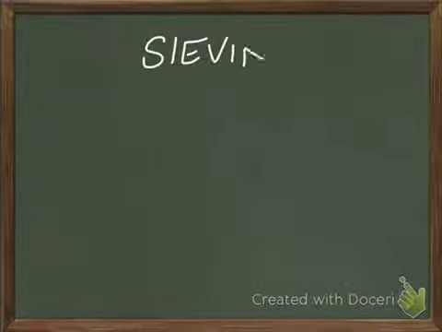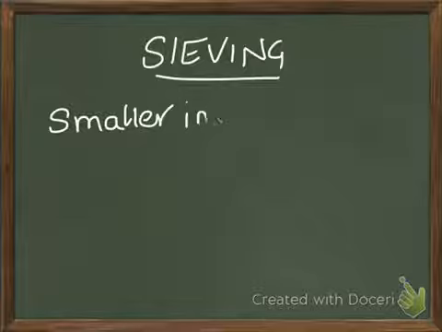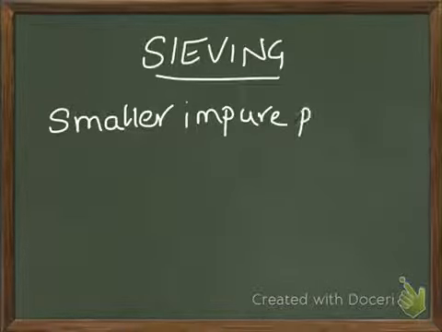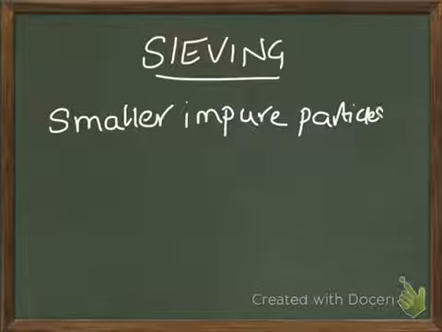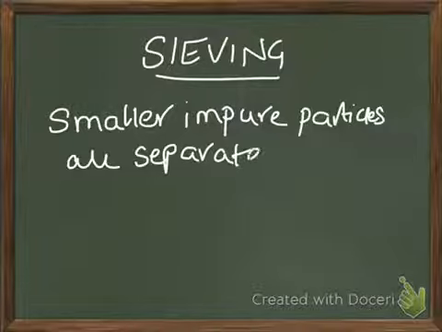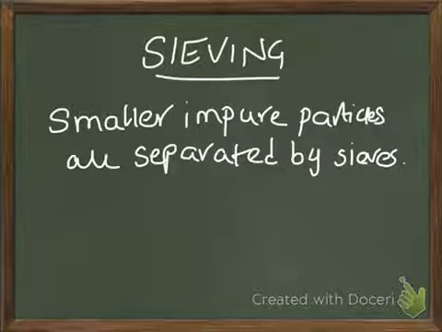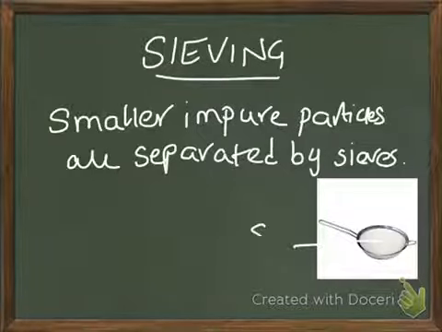Now, let's go to sieving. Sieving is a process in which smaller impure particles are separated by sieves. Whoever is not familiar with what a sieve is, I'll show you a picture. This is a sieve.